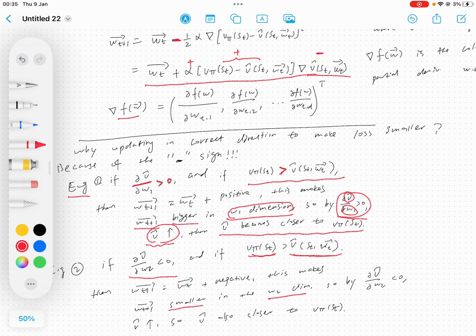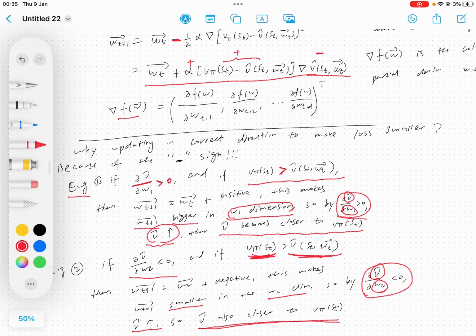Since this has a negative derivative, V hat has to increase again. We said it is still smaller than V pi, so after we increase V hat, it becomes closer to V pi of s_t.